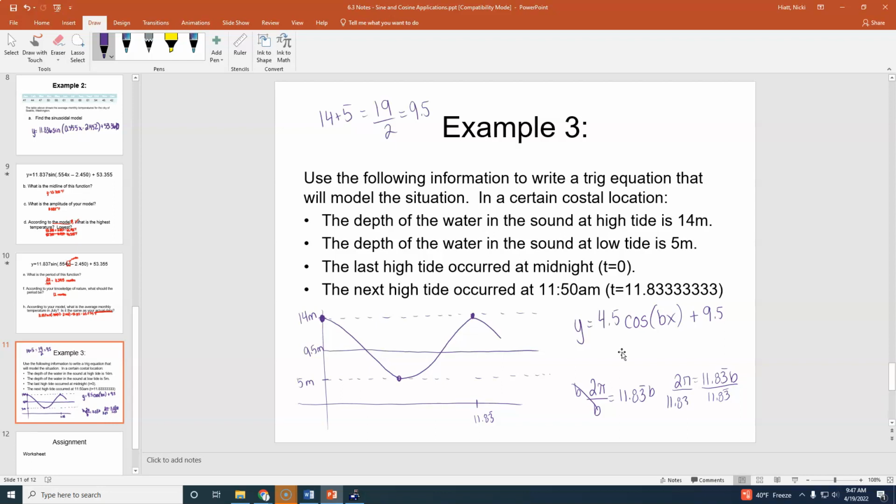So 2 pi divided by 11.83 repeating is going to give me 3.427. So my equation is going to be y equals 4.5 cosine 3.427 x plus 9.5. Like I said, no phase shift is needed on that because we used cosine.